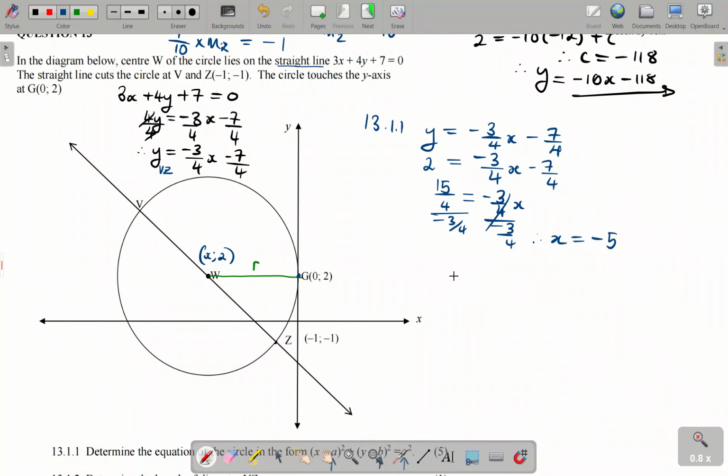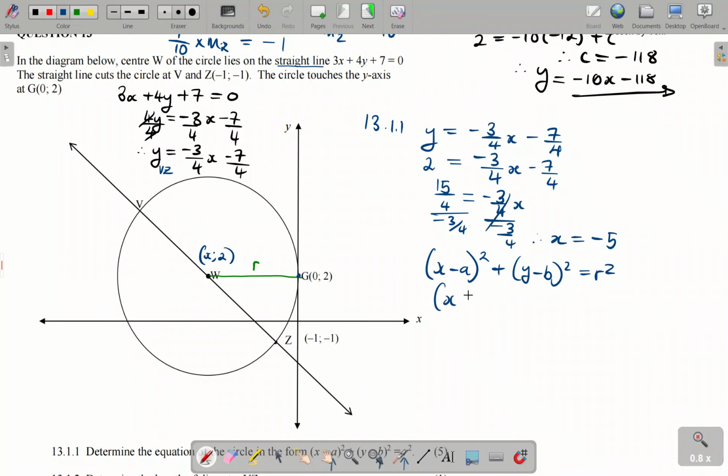So now my equation is simply: remember, it's x minus a, squared, plus y minus b, squared, equals r squared. We have these values now.